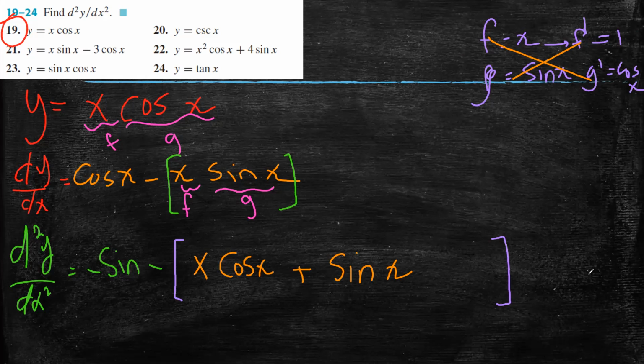Then after that, negative sine x. Now I want to remove the brackets. If I remove them, I need to change the sign inside. So negative sine, and times cosine, it will be negative, and this plus sign here will be changed to a minus sign.